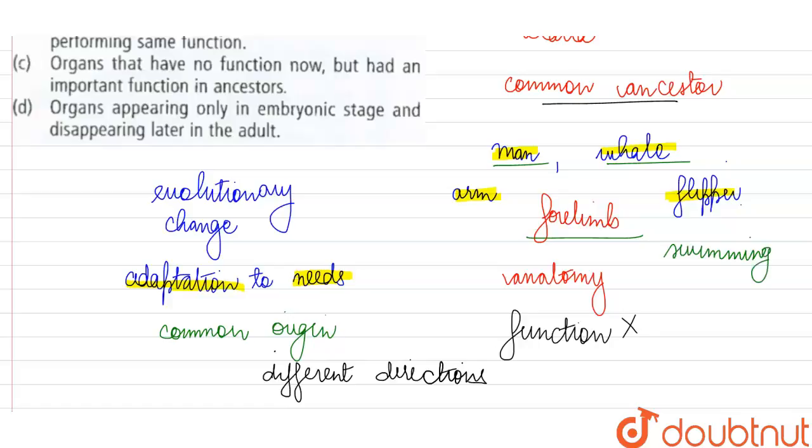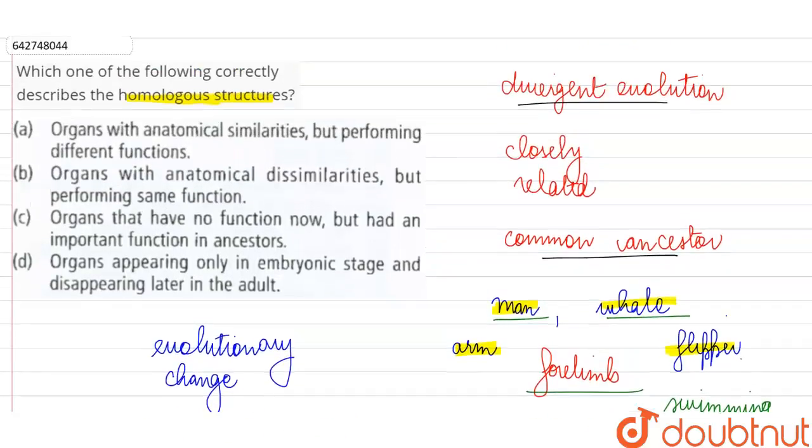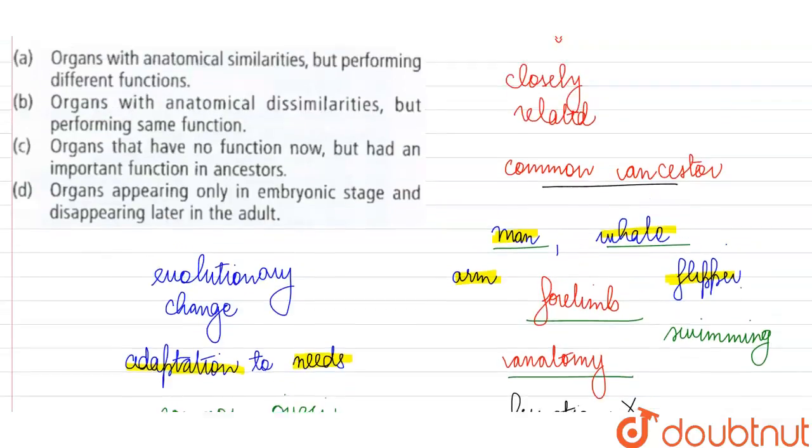So that is why now, because their habitat, behavior and lifestyle have become so different, despite both of them being mammals, despite being closely related to each other, both of their forelimbs have anatomical similarity and common origin, but their function is different because they have evolved along different directions.